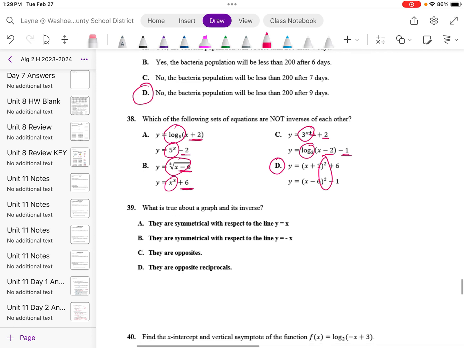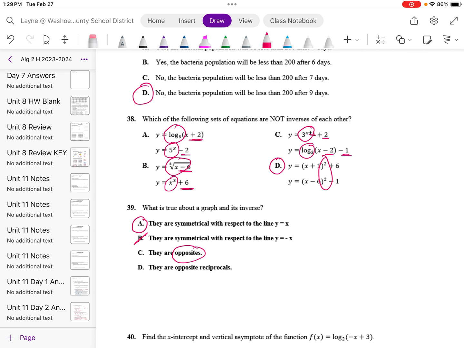All right, what is true about a graph and its inverse? They are symmetrical with respect to the line y equals x. That is correct. They are not symmetrical with the line y equals negative x. Inverse does not always mean opposite. Opposite in math just means a negative number. Y equals 5 and y equals negative 5 are not inverses of each other.